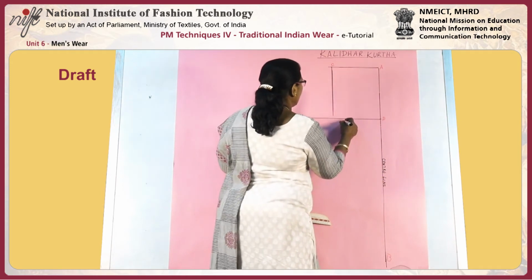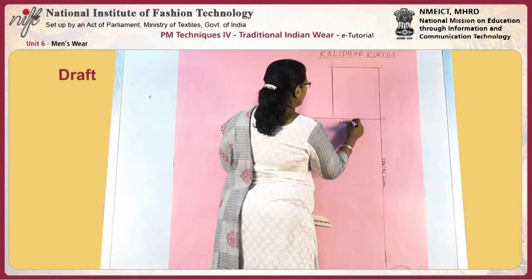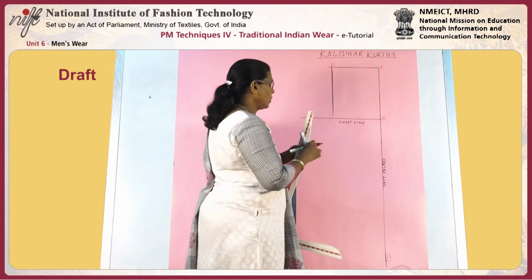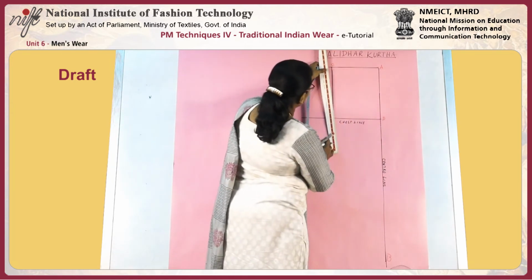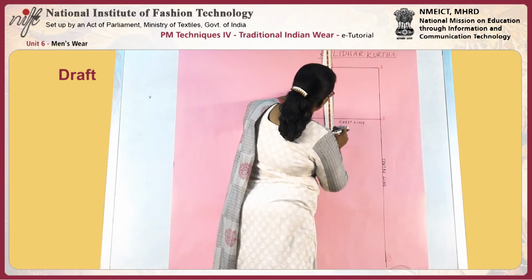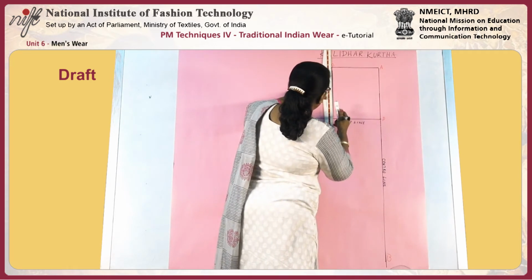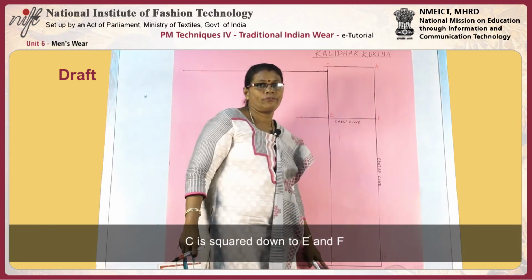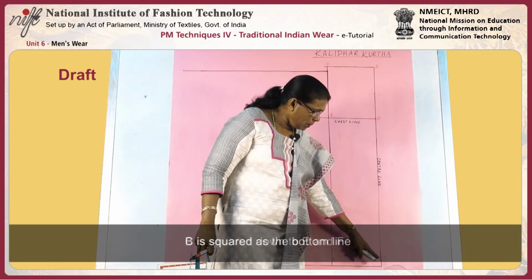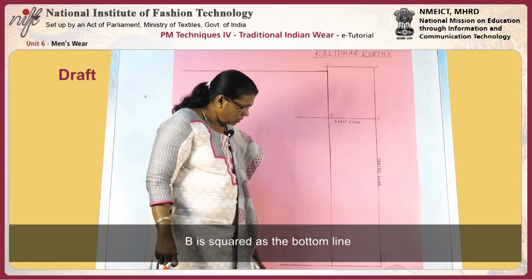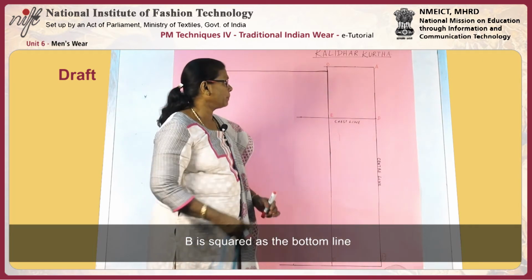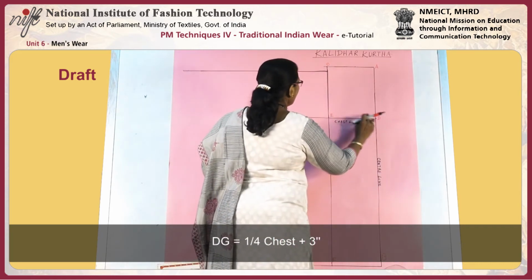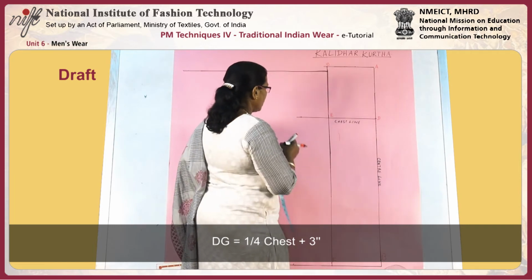And this is the chest line. And this is the guide for shoulder line. C is squared down to E and F. B is squared as a bottom line. D, G.